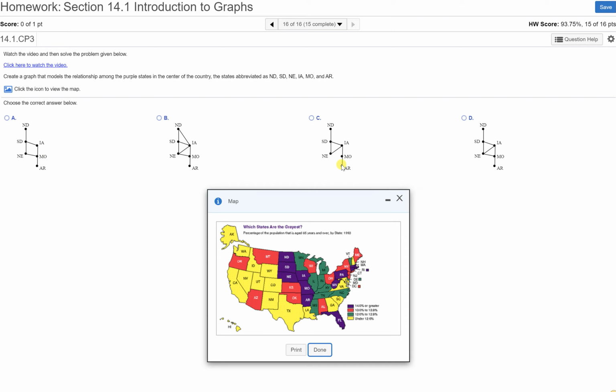But according to this, MO is not connected to NE. MO is connected, even very slightly, but it is connected. This one doesn't have that, so it's not that. The difference between A and D is that there's a connection between NE and IA. Yep, they are connected, so it's going to be D.